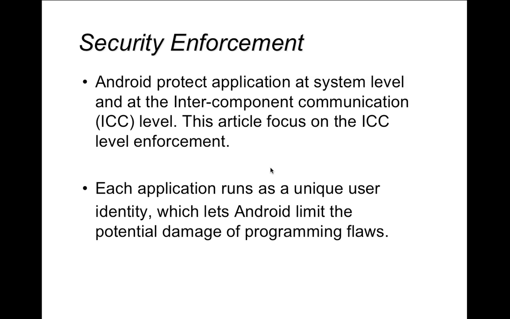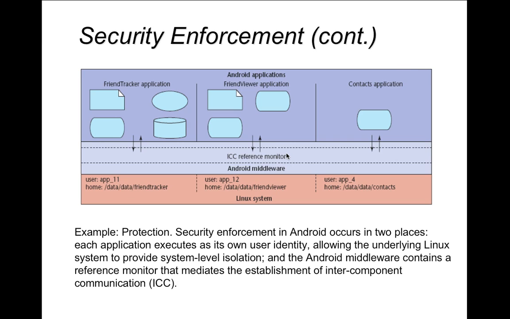Each application runs as a unique user identity, which lets Android limit the potential damage for programming flaws as well. So the application itself has a unique user identity. It's not running as a generic one. It's unique, so you can identify it and know which application is doing what, essentially.